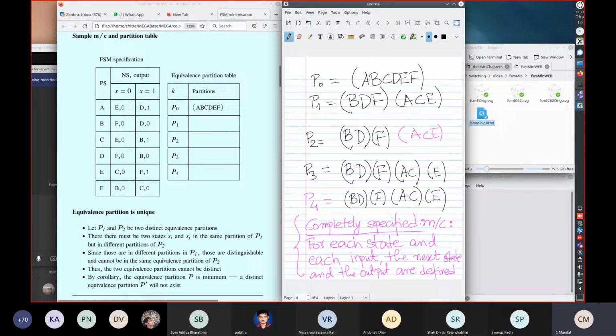Completely specified sequential machine. All right.